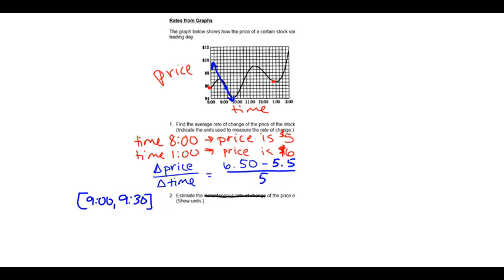So at 9:30, our cost seems to be $4.50. So we have $4.50 minus, at 9 o'clock, our cost seems to be $6.50.